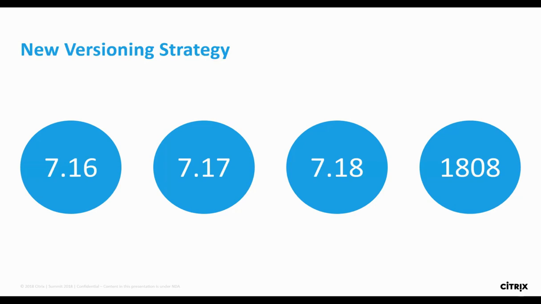For those of you who are familiar with Windows 10 releases, it's very similar to how Windows 10 is going, because to date there have been five or six different Windows 10 releases, but they're all using the year and month format. The last Windows 10 update was 18.03, and I believe we're on the cusp of 18.09 for Windows 10. So we're following a very similar strategy just to make it easier to understand when these releases came out.